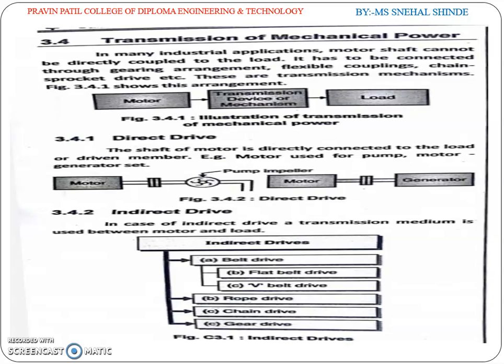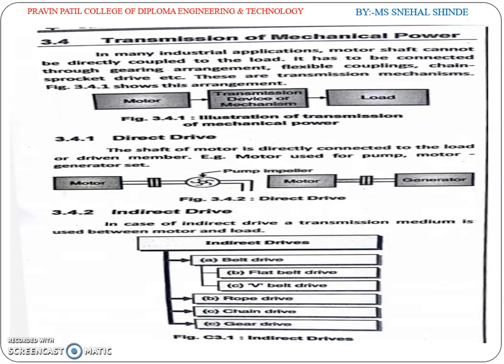So here is the direct drive and indirect drive. In direct drive, the shaft of the motor is directly connected to the load or driven member. Example: motor used for a pump, motor generator set. Next is the indirect drive.